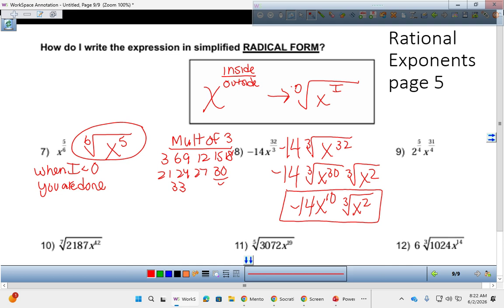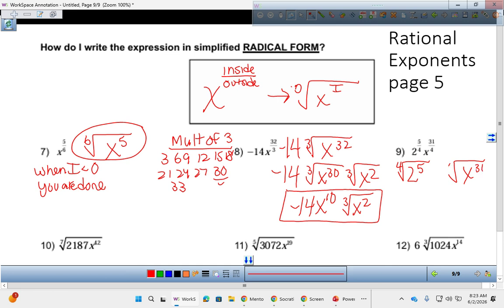All right, now in this next one, I've got 2 fractions, which means I've got 2 roots. I'm going to have a root for the 2 and a root for the x. Both of them have fractions, so both of them get roots. The top is the inside number, the bottom is the outside number.